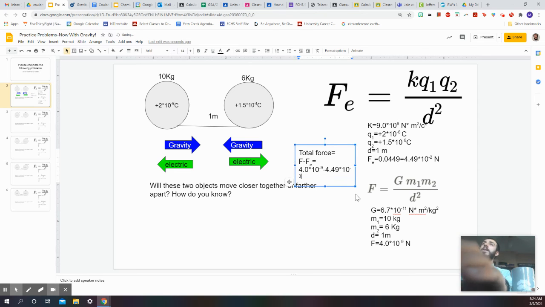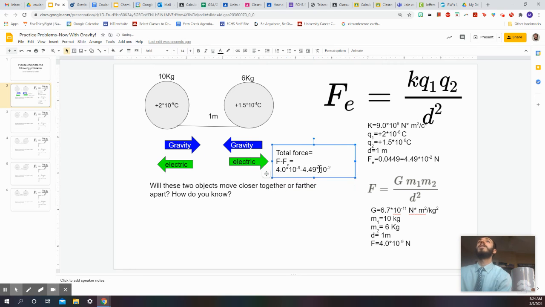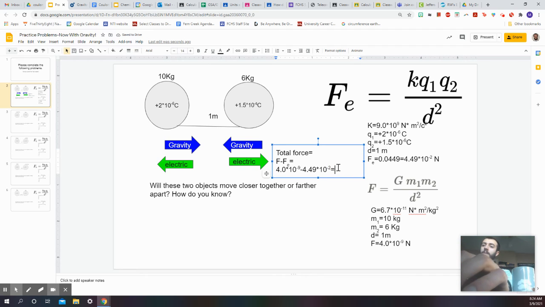Now this second number is so much larger. The second number is like 7,000 times larger than this one, and we're rounding so greatly, you're not even able to notice the subtraction. So feel free to punch this into your calculator. Really do that, but after rounding, we would end up with negative 4.49 times 10 to the negative second.